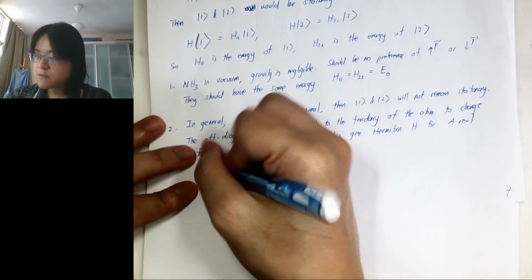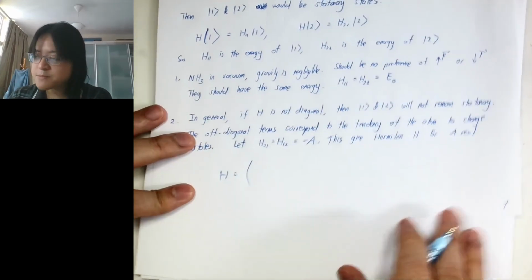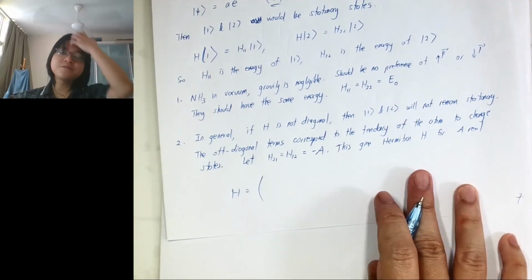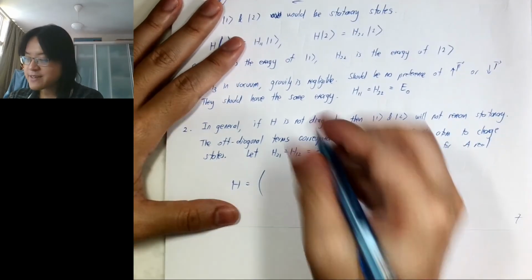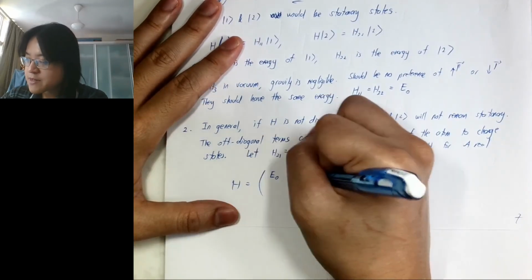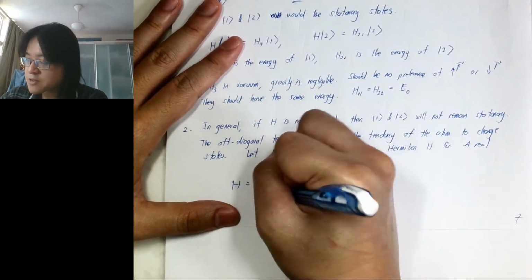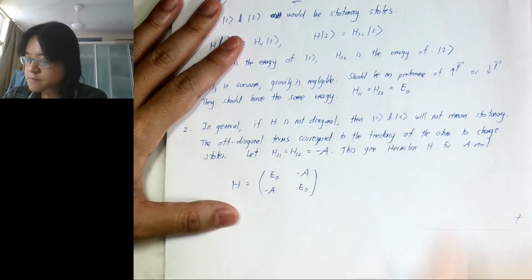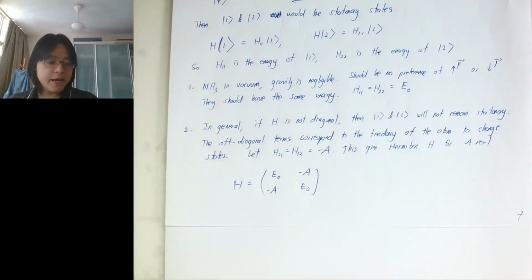So just by reasoning out of nowhere, we can already guess a Hamiltonian that generally looks like this. So this is the Hamiltonian of the system.